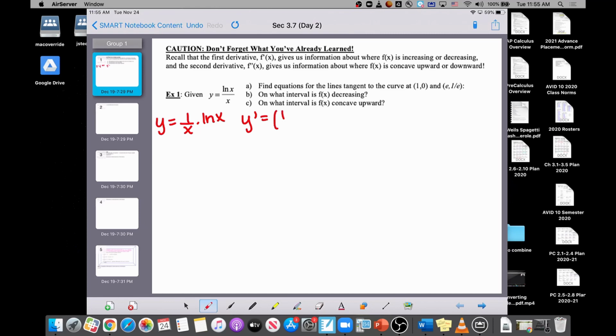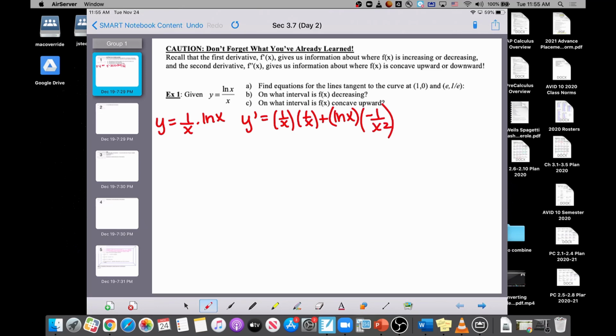First, 1 over x. D second, the derivative of ln x is 1 over x. Plus second, which is ln x, d first. And the derivative of 1 over x, if I bring it upstairs, is going to be negative 1 times x to the negative 2, or negative 1 over x squared.